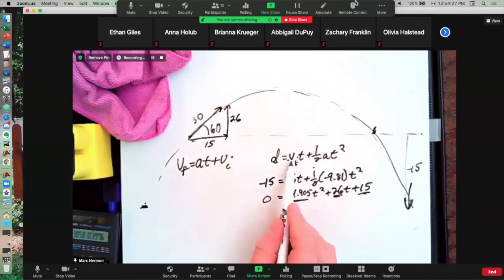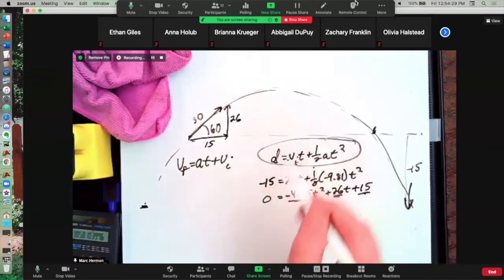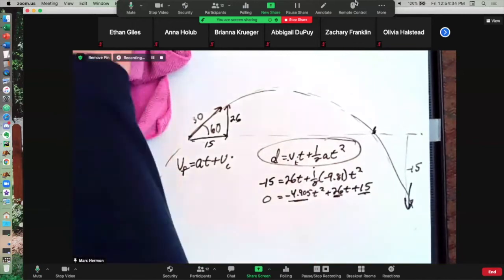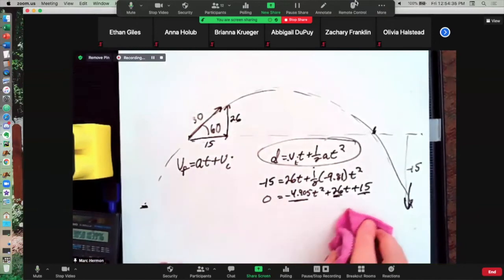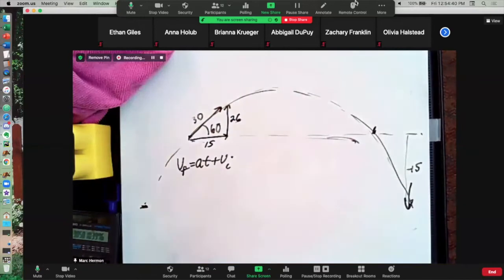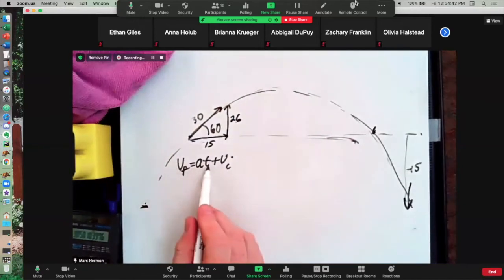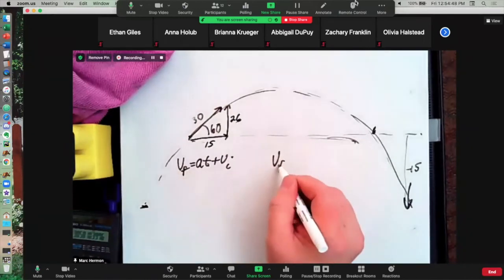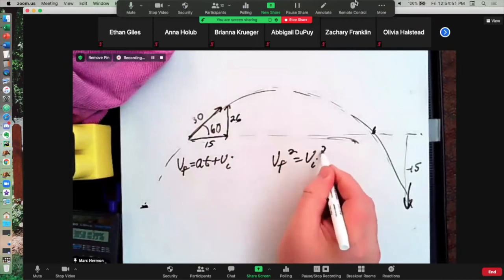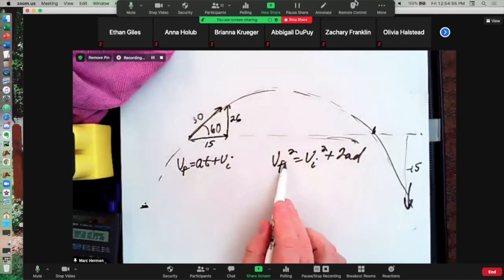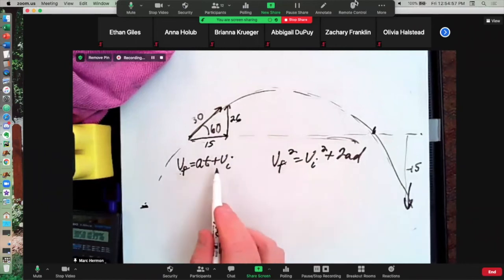So that's finding time using the one equation. If you don't like the quadratic stuff, you could have always found the time using 2 of the equations instead of the 1. I want to use this to find the time, but to use this, I need the final velocity. So let's use this other equation to find the final velocity. Once we find the final velocity, we put it in here, and now we can get the time.